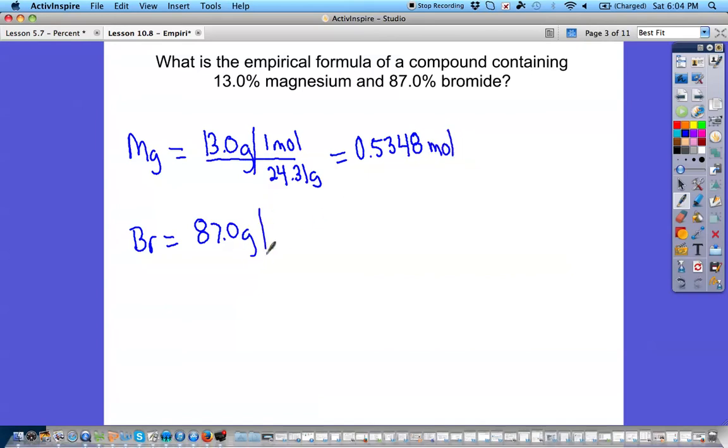If you take them to 4 sig figs, you will not have as many issues when it comes to multiplying and rounding and that sort of thing. Bromine, 1 mole over 79.90, and this is going to give us 1.089 moles. This is my smallest number of moles, so I'm going to divide both of them by that number.